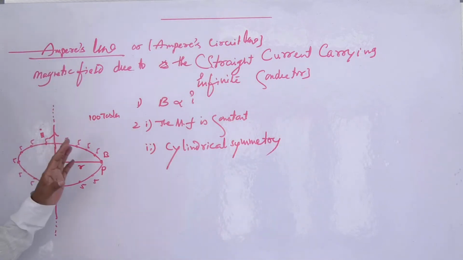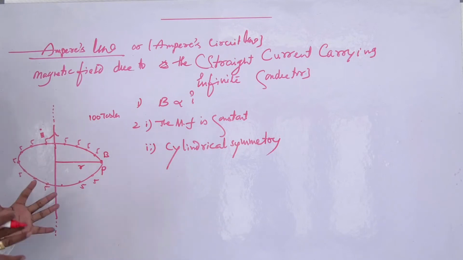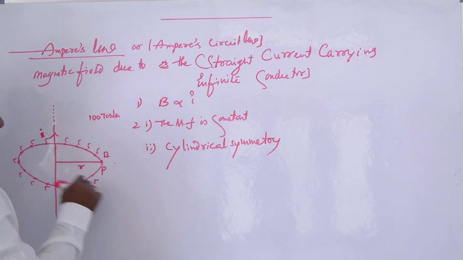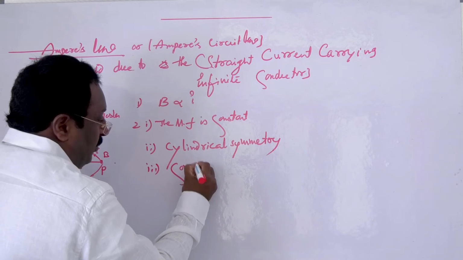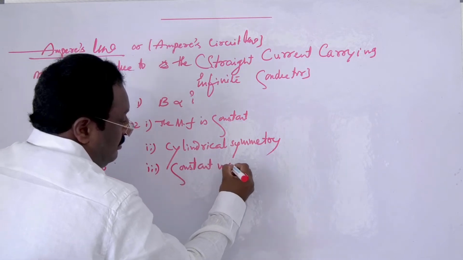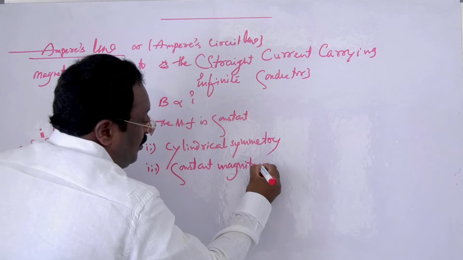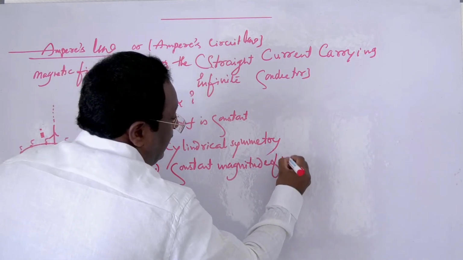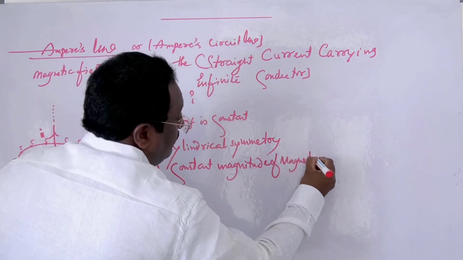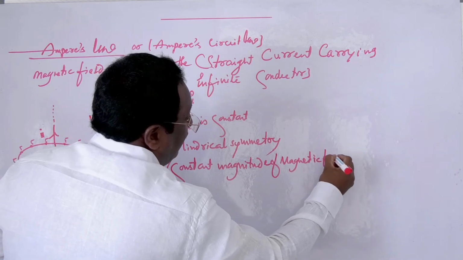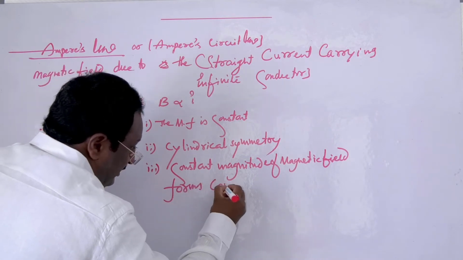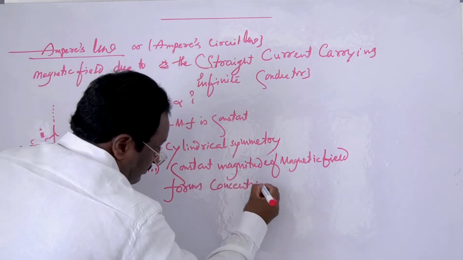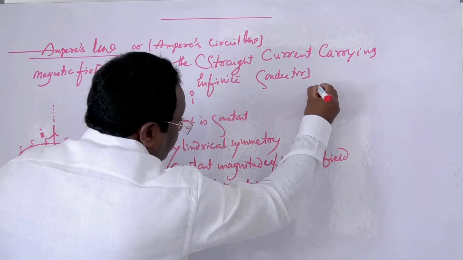Here the constant magnitude of magnetic field also forms concentric circles. If you take another radius, like this, this constant magnitude of magnetic induction or magnetic field forms concentric circles like this.